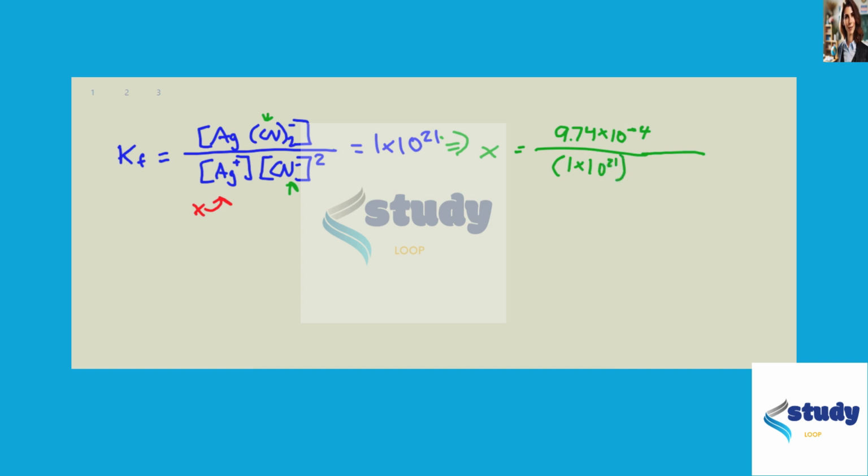And our concentration of cyanide is 7.20 times 10 to the minus 2, squared. So when we perform these calculations, we get X is equal to 1.88 times 10 to the minus 22 molar as our concentration of silver at equilibrium.